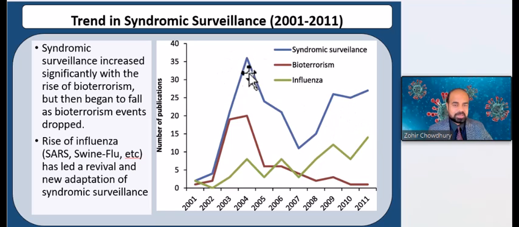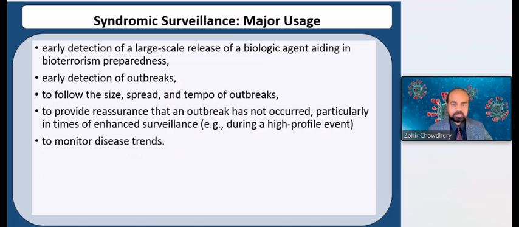So we are seeing that syndromic surveillance has actually quite adapted itself by not only looking at bioterrorism, which is still evident and present out there, but also looking at influenza and influenza outbreaks and similar diseases, and as a result, we're seeing a rise of syndromic surveillance interest all over the globe.